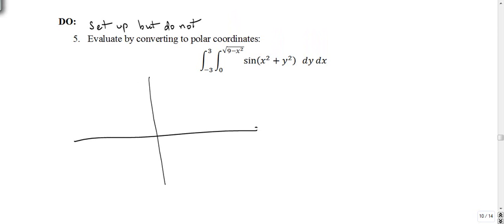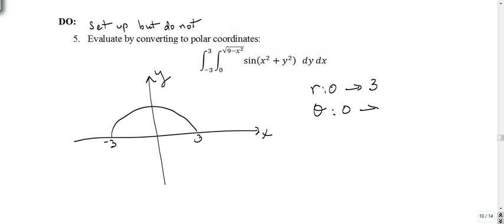What region? So it's a semicircle, right? Okay, great job. Radius 3. Okay. So r goes from 0 to 3. What about theta? 0 to what? Pi. Okay. Give me the setup, anybody, please.